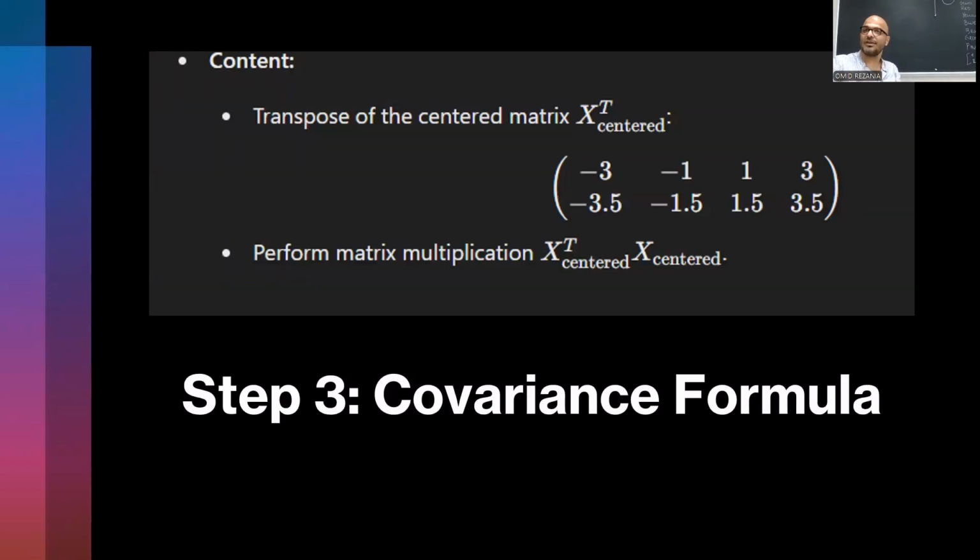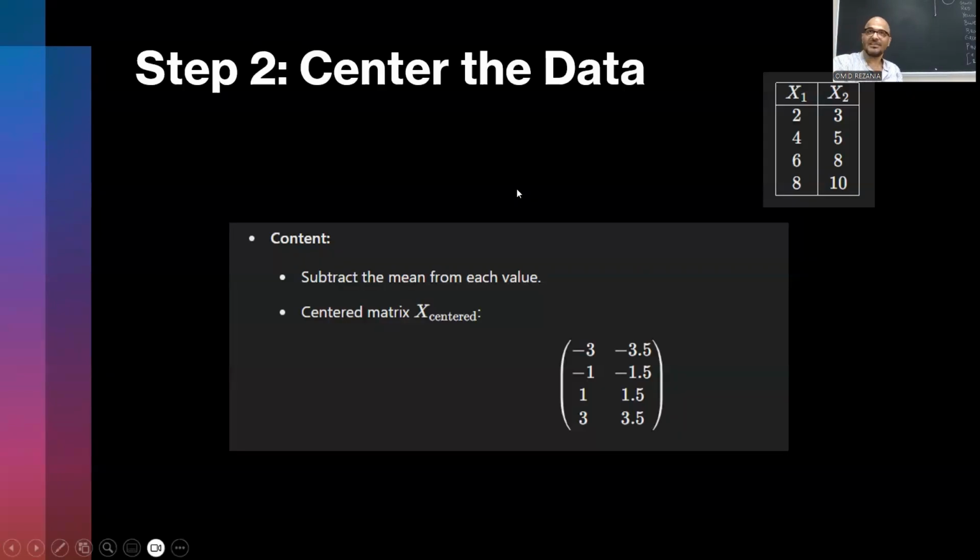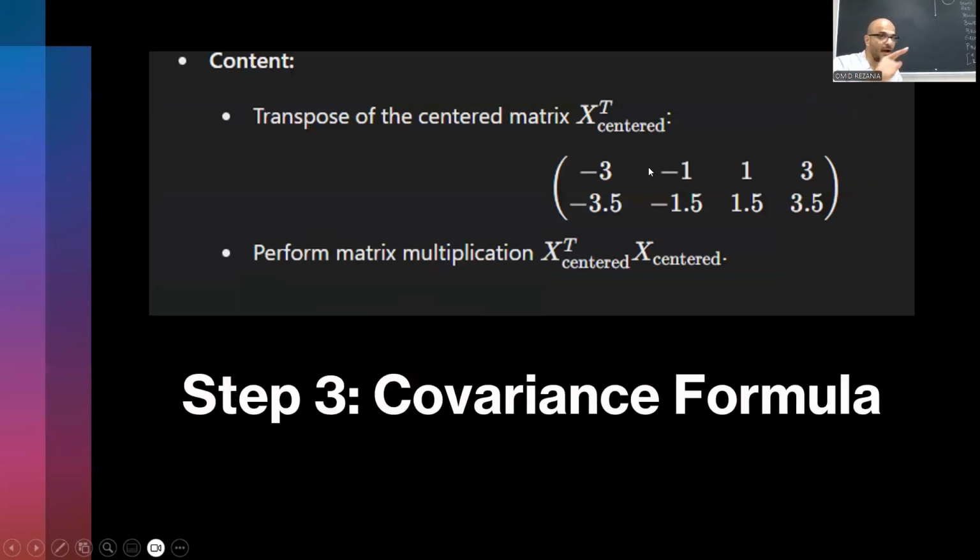What is the second column? -3.5, -1.5, 1.5, 3.5. When you transpose it, it becomes the second row. This is now a transpose matrix. The nth column becomes the nth row, as I did. Everyone's okay with that? Yes. No complaints? Awesome.